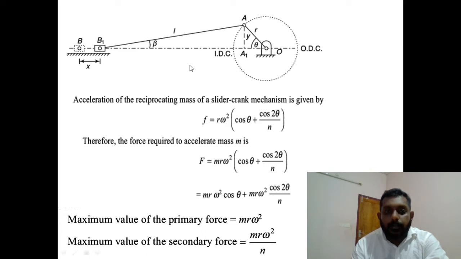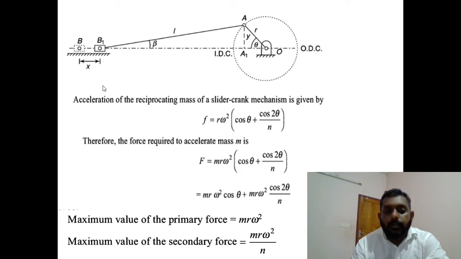There we considered a slider crank mechanism, derived the relation for the displacement of the slider, from the displacement we derived the velocity, and from the velocity we derived the acceleration of the reciprocating mass.